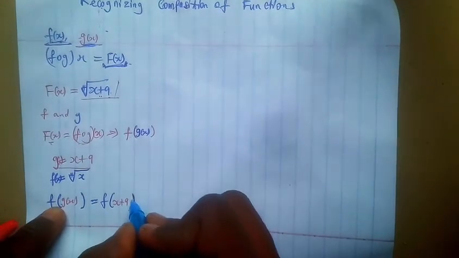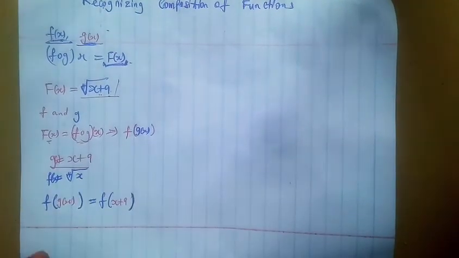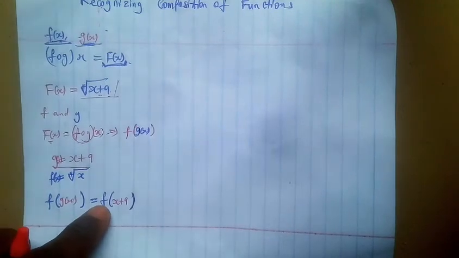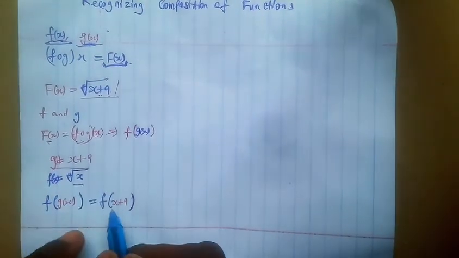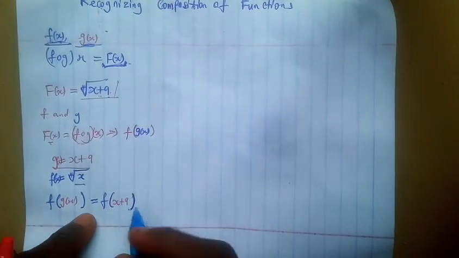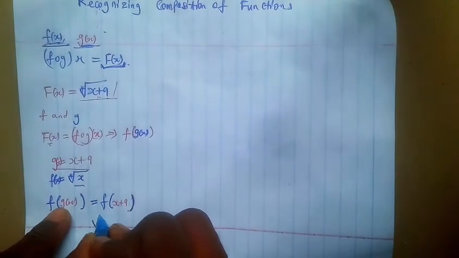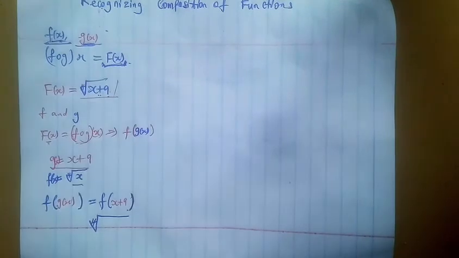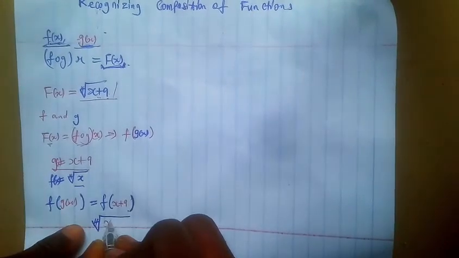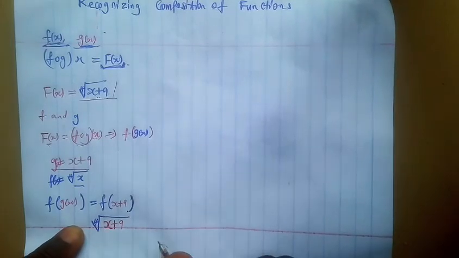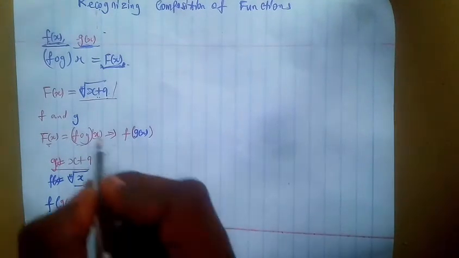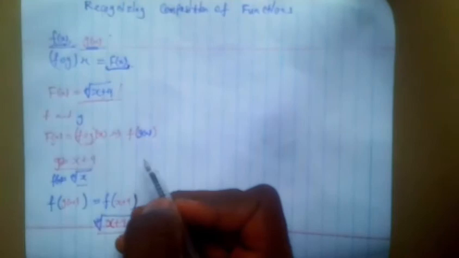Now let's look. f of x is defined to be the 4th root of x. Therefore, f of x plus 9 will be the 4th root of x plus 9. Now, look at this. It looks like this, right?